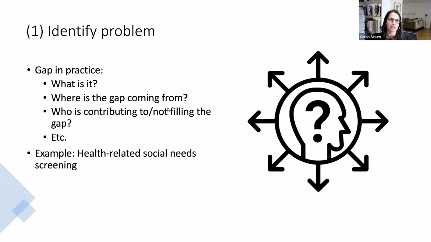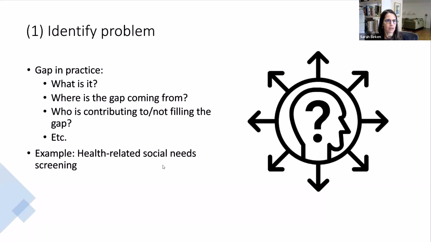And I'm going to draw on a couple of studies to kind of talk through how I do this. So the first step is to kind of figure out what's the problem we're trying to address in practice. What's happening? An example from the study that Shelley mentioned is health-related social needs screening. We know it's not happening proficiently or consistently in practice for the most part.